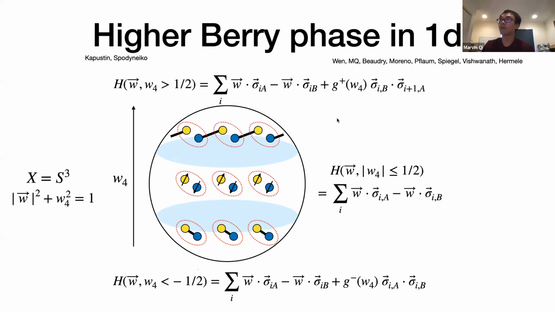Now, similarly, on the upper hemisphere, I want to do the exact same thing, but this time introduce the Heisenberg interaction on inter-site bonds. So once again, the magnetic field is slowly being tuned to 0, and the Heisenberg interaction is being slowly turned on, but now the spin singlets live on inter-site bonds.